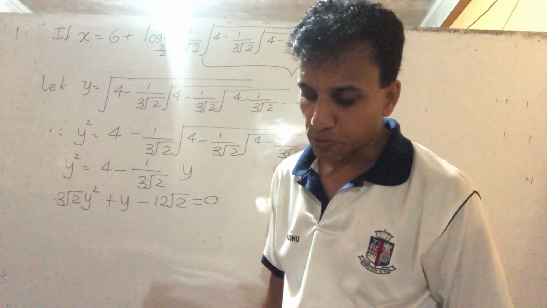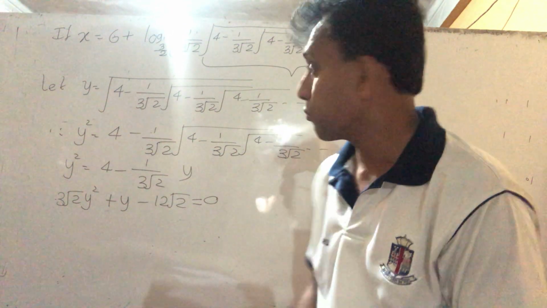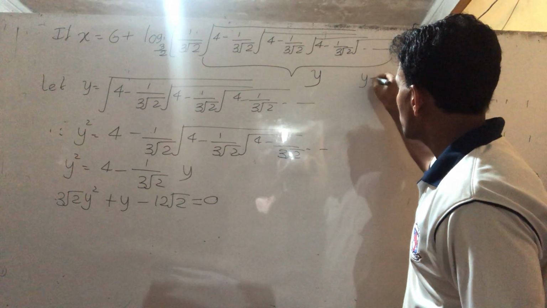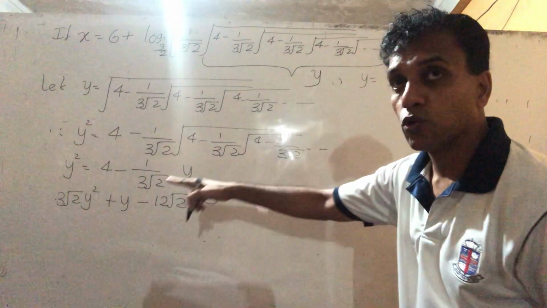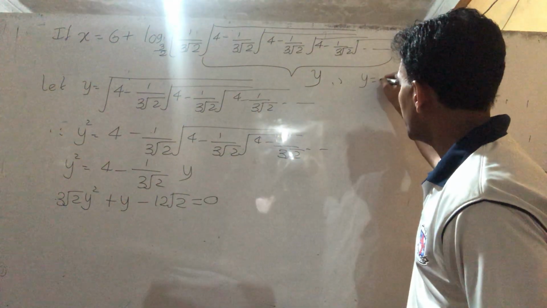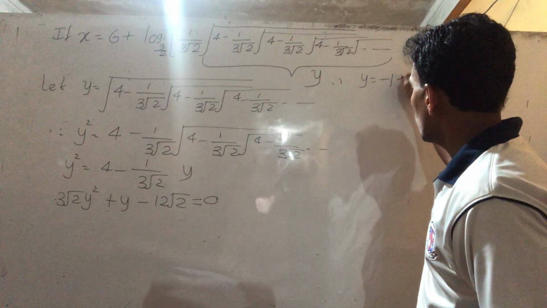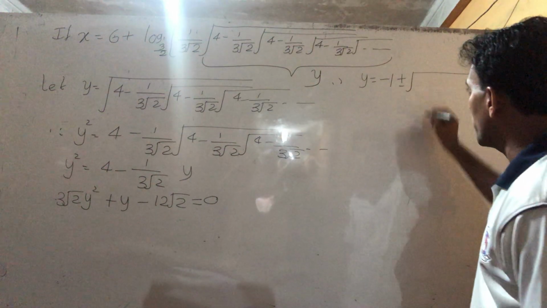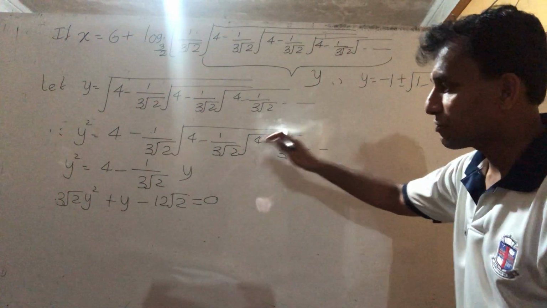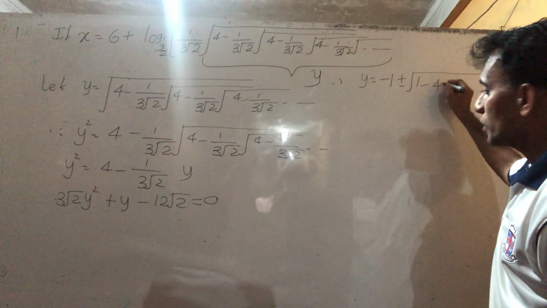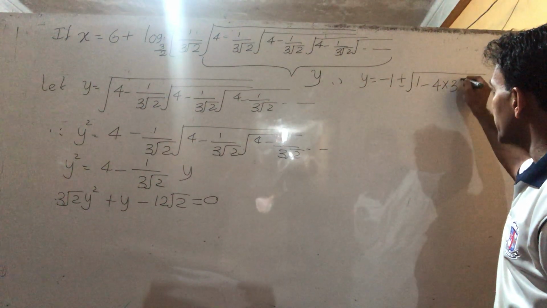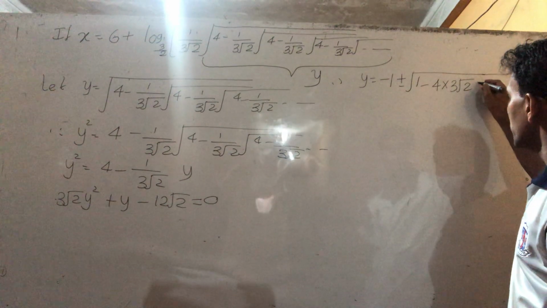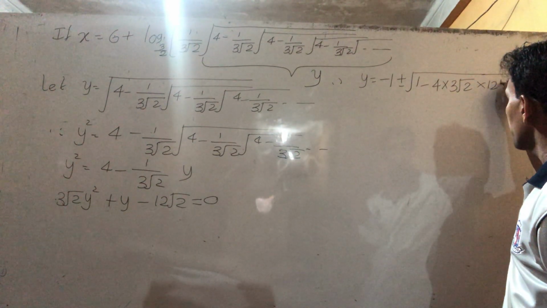x equals minus b plus or minus so much, that's better. Use the formula. So y equals minus b plus or minus square root of b square minus 4 times a into c. C is a negative part, no?